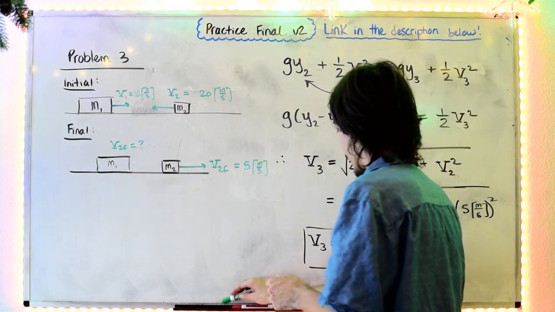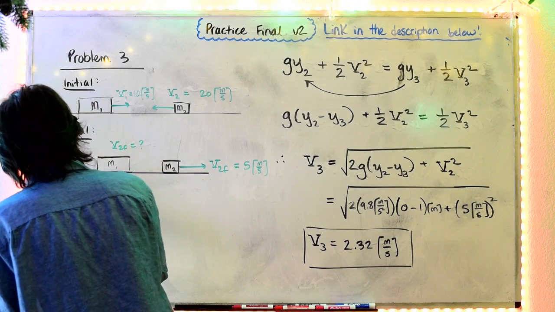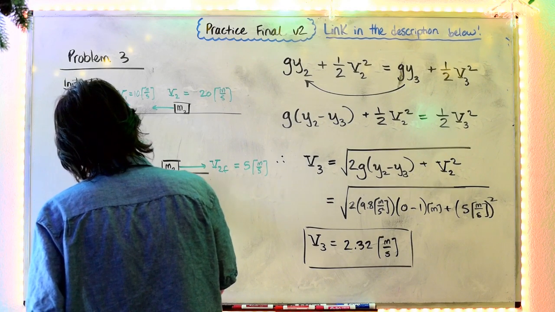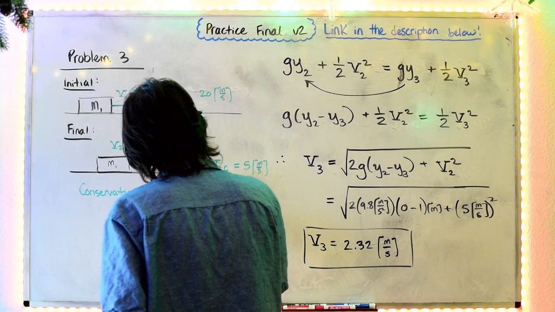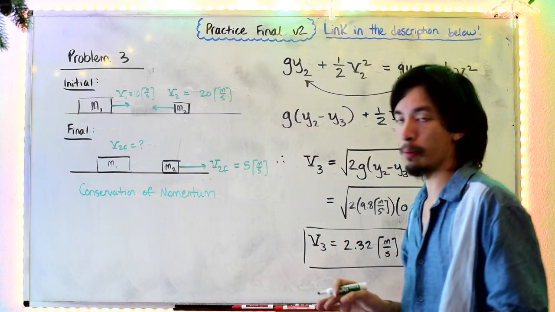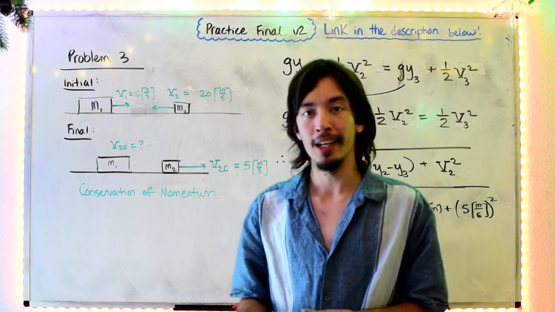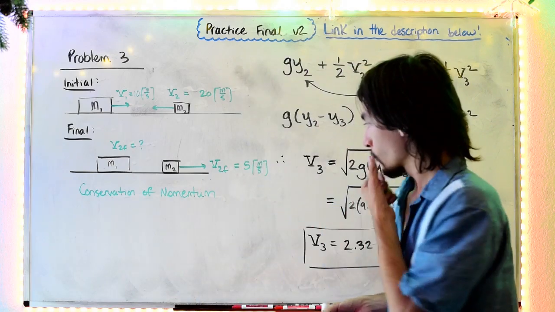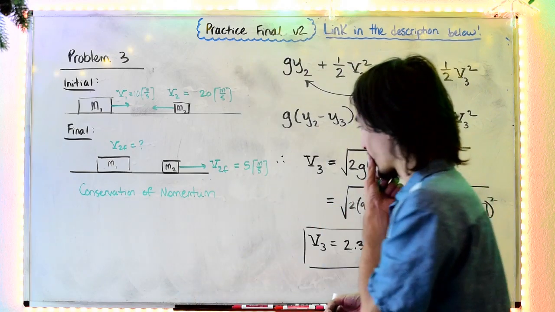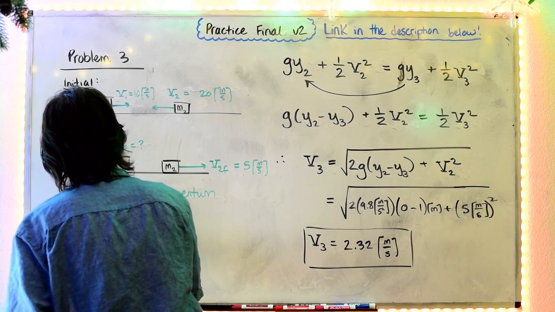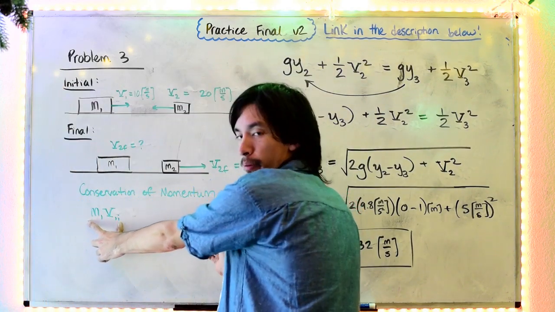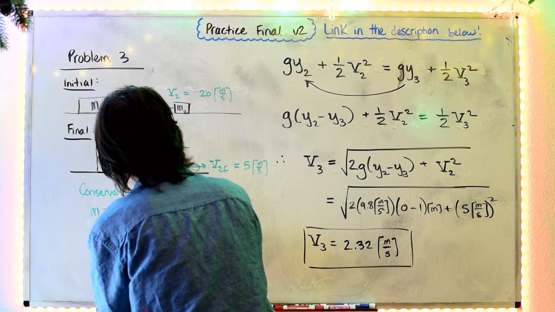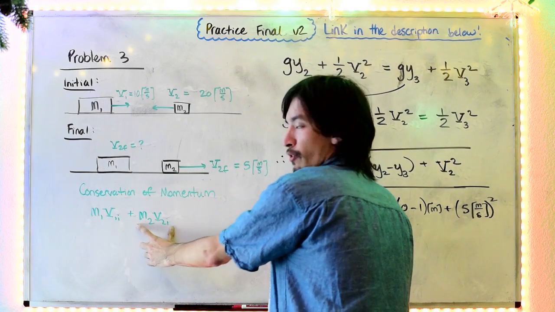So we will use the conservation of momentum. And the conservation of momentum states that the total momentum in the system initially equals the total momentum after. So m1 v1 initial, which is the momentum of 1 initially, plus m2 v2 initial, the momentum of 2 initially.